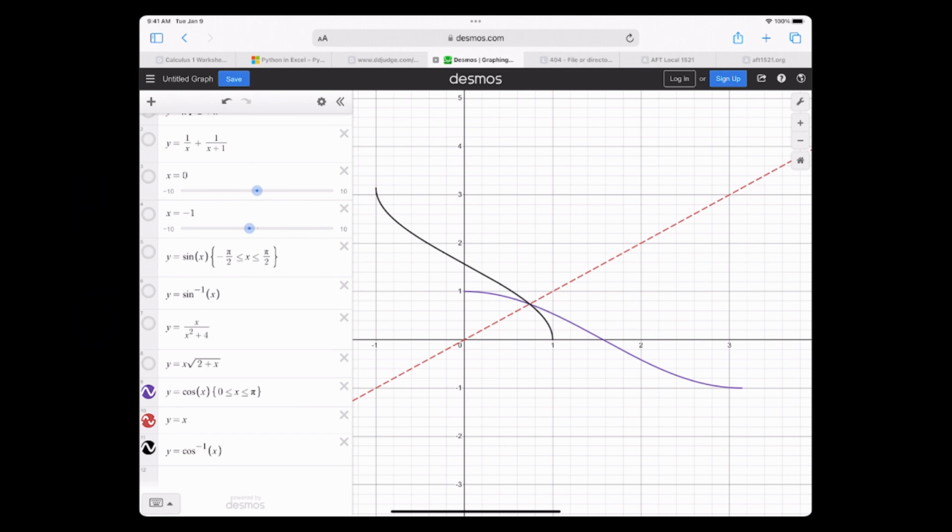What we're looking at is the relationship between y equals cosine with that restricted domain from 0 to pi in purple, and the graph of the inverse function, y is inverse cosine. They're symmetric about the line y is x. That was a relationship between any functions and their inverses. So this is the idea behind where this comes from.